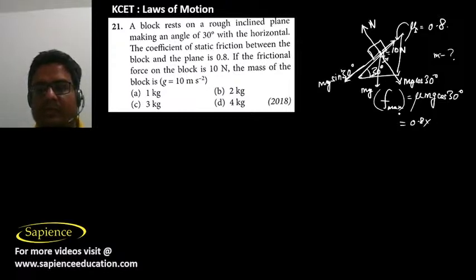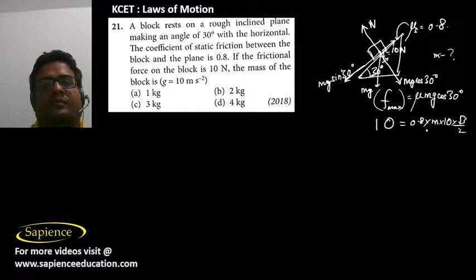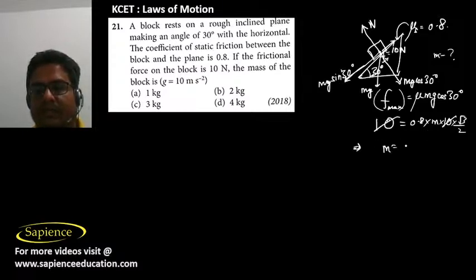The maximum frictional force is 10 Newton, and that is equal to mu mg cos 30. g is 10 into cos 30, that is root 3 by 2. So then 10 and 10 will get cancelled, and that is 0.4. So m will be equal to 1 by 0.4 into root 3.